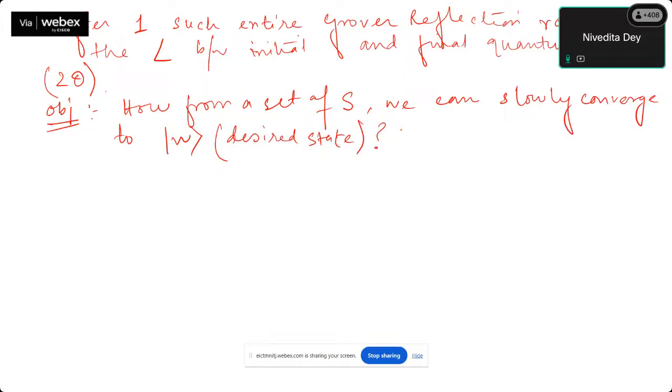And since you know that Grover is nothing but, from the start state, we are just keeping on rotating it with two operators. So after how many iterations? Because if we do not stop, it will be some infinite loop, and we will keep on doing that. So does it mean that if we keep on increasing the rotation number, my algorithm will converge very fast to the desired state? The answer is no. Why?